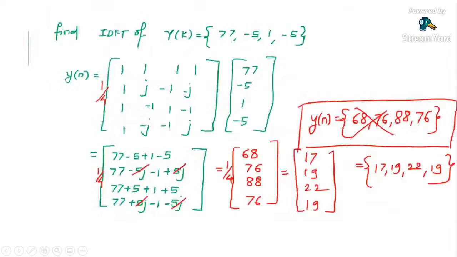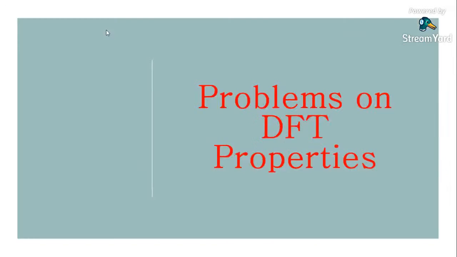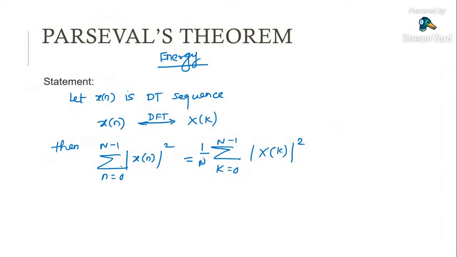Now the next question: we will verify Parseval's energy theorem. What is Parseval's theorem? We have discussed it earlier. If x of n is a discrete-time sequence having DFT x of k, then summation n from 0 to N minus 1 of the magnitude of x of n squared is equal to 1 upon N times summation k from 0 to N minus 1 of the magnitude of x of k squared.